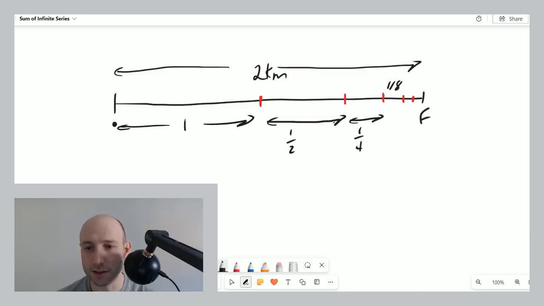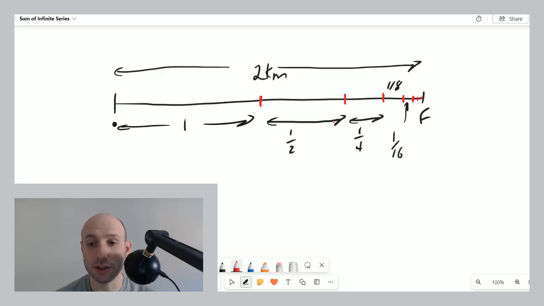And that distance is 1/16. And then you'll move here. That's 1/32. Then you'll move here. That's 1/64, and so on. And so you'll never actually surpass that finish line. But if you continue this pattern for infinity, well, the finish line is where this pattern leads you to, right?